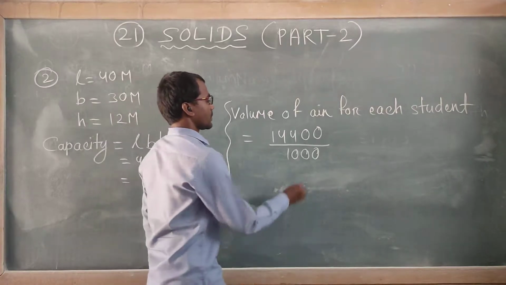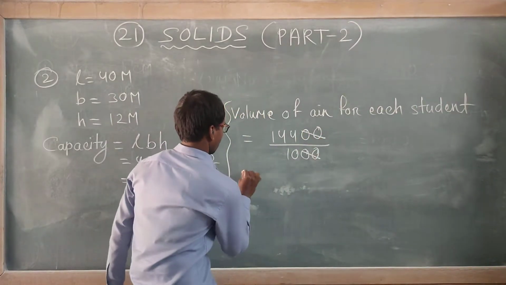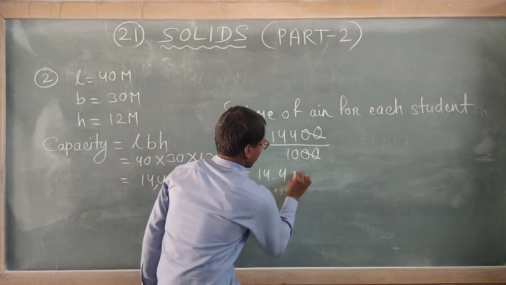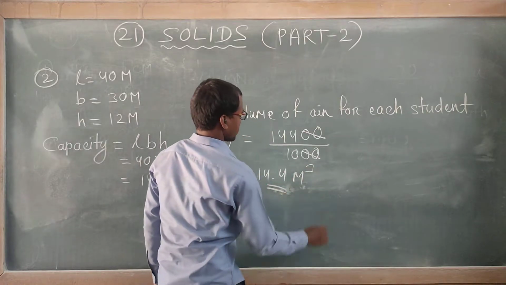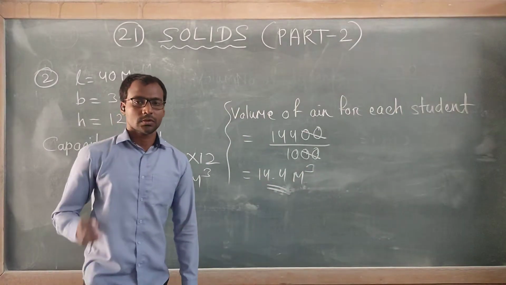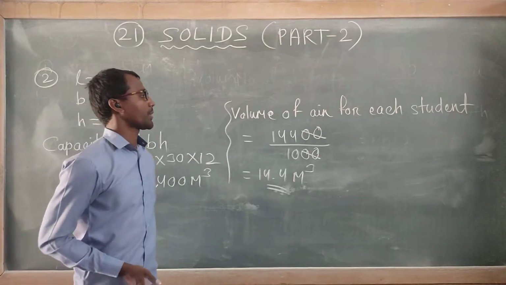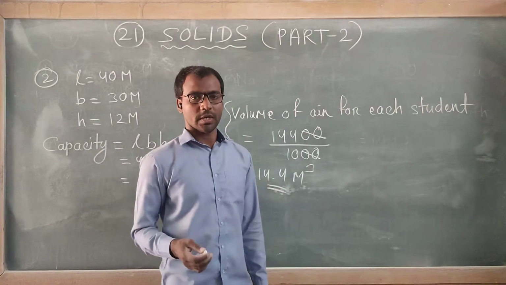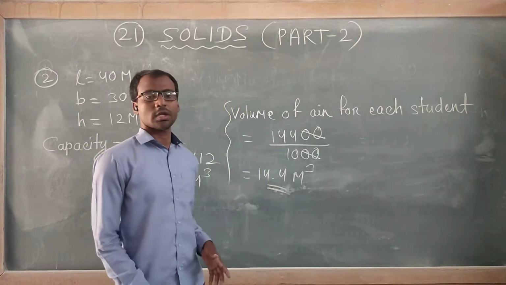The 000 cancel, so it is 14.4 cubic meters. So the quantity of air available for each student in cubic meters is 14.4.